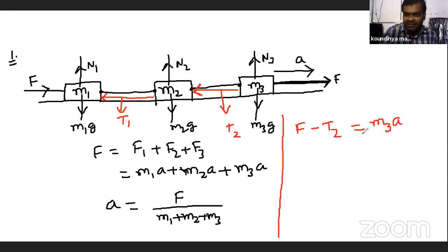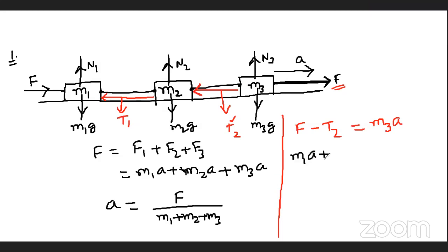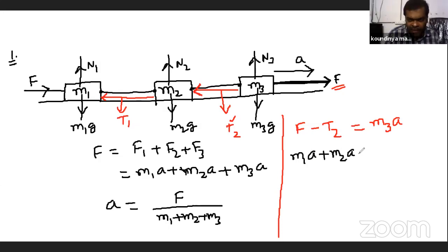Suppose I am pulling it. Due to the resultant of this F and tension T2, I am having the motion in the object M3. So here I know that F is equal to M1a plus M2a plus M3a, and F minus T2 is equal to M3a.